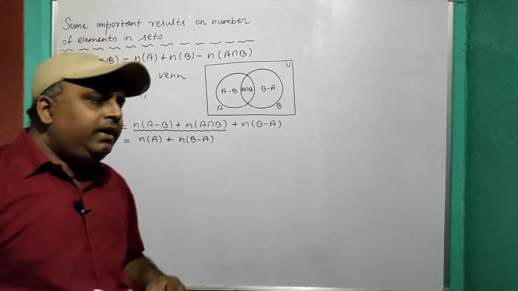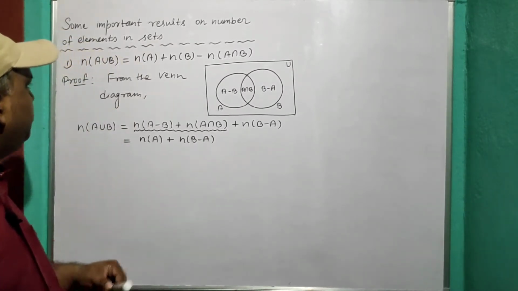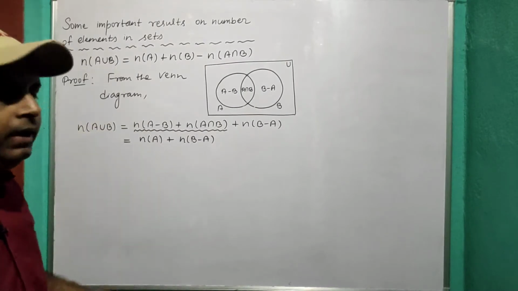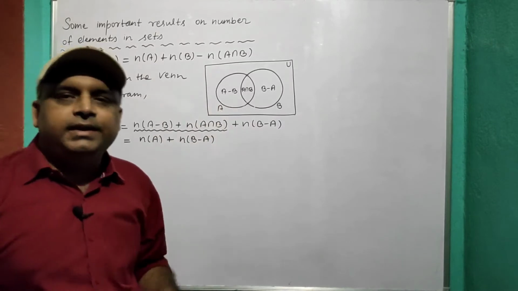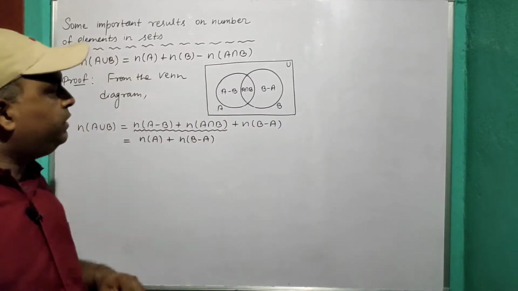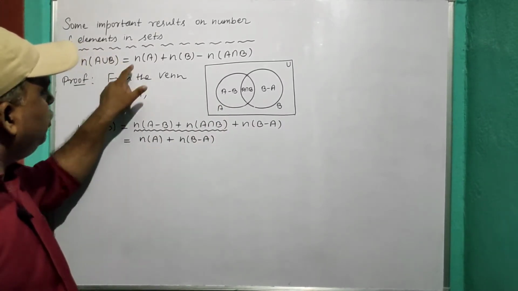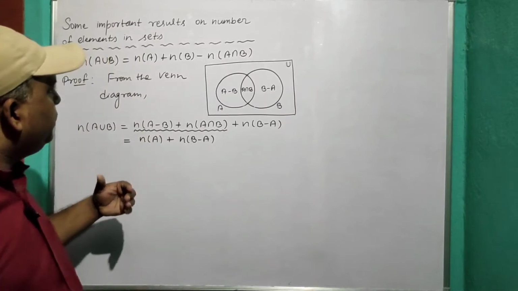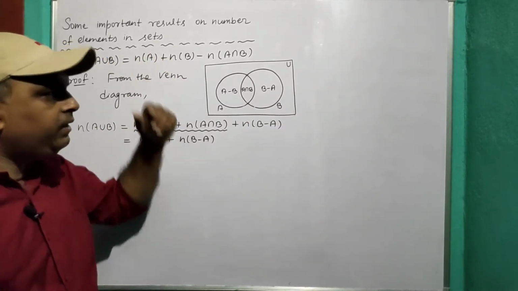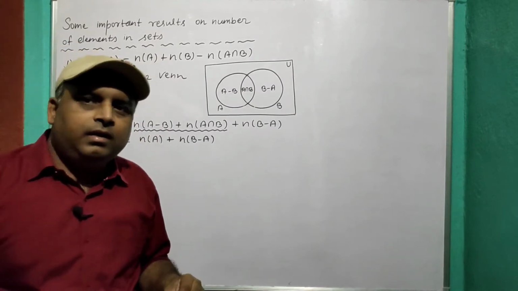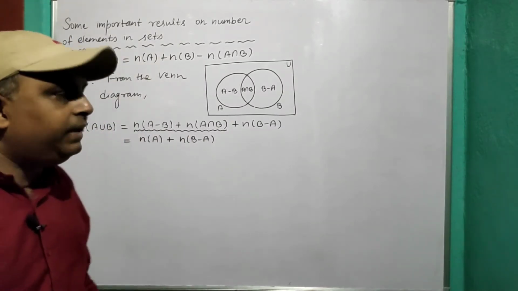Okay, now again let us observe what we have to prove. We have to prove that n(A union B) is equal to n(A) plus n(B) minus n(A intersection B). Now out of this we have already obtained this n(A). Now do you have any idea how to find this n(B)? Again observe from the figure what is n(B).